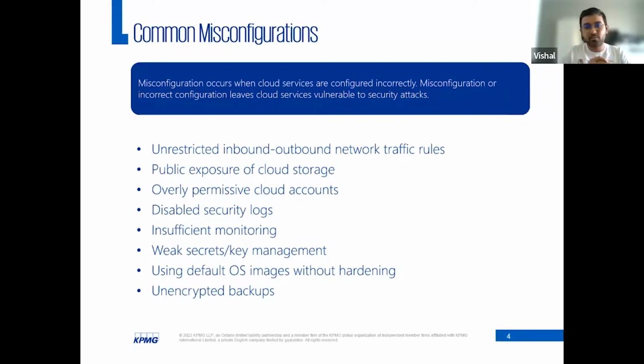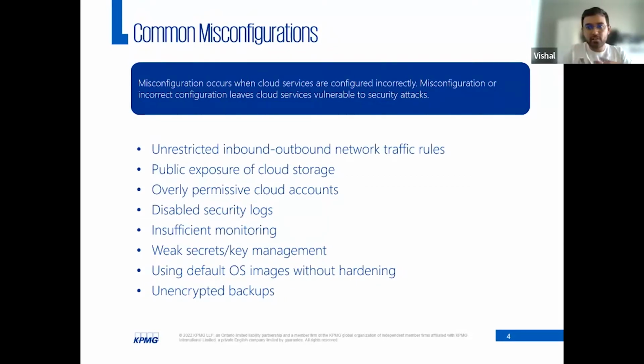The next one, using default operating system images without hardening. So what we have seen is the clients or the end users are using, let's say, service provider images, right? So in AWS, Azure, GCP, they all provide you with the default images.